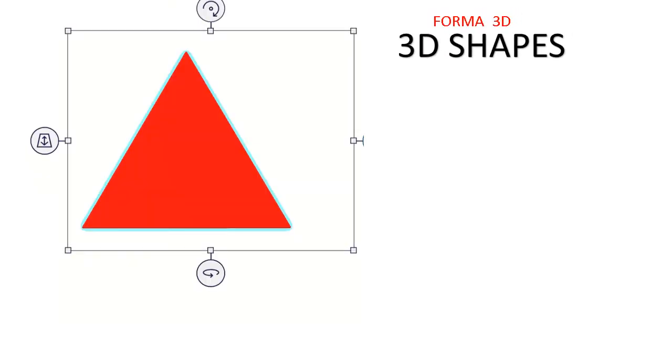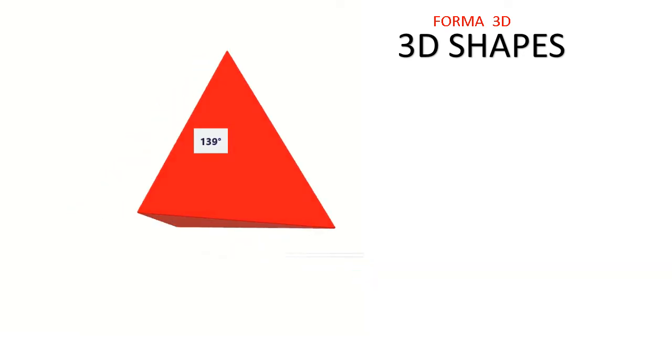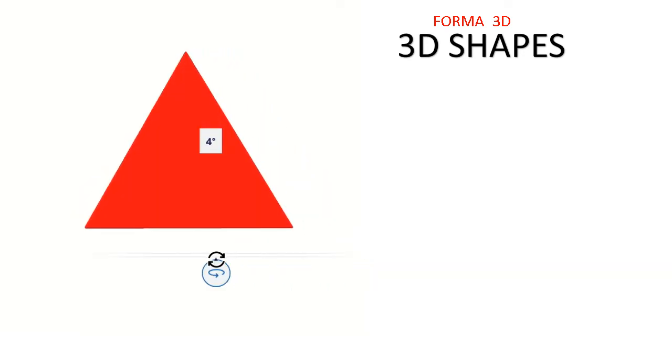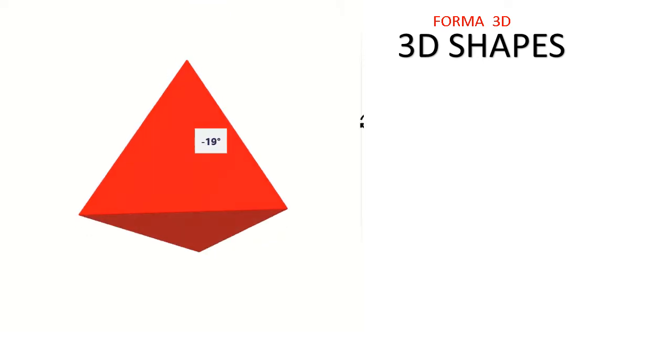The last shape we're going to look at today is another type of pyramid. If I turn it around, you might think it's the same as the other pyramid. But remember, the other pyramid had a square base.